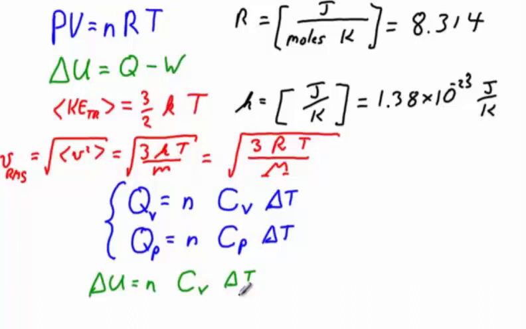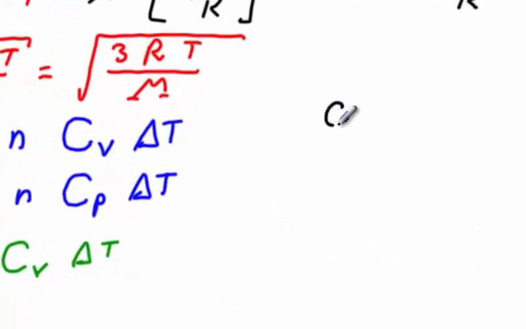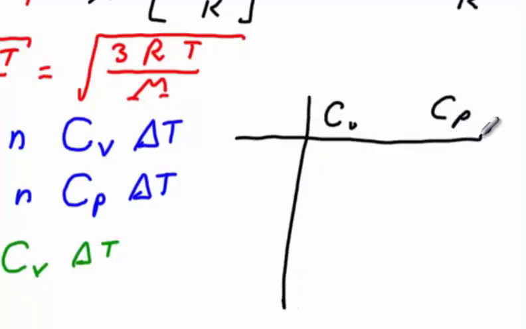One more detail in our cursory summary of the equations that surround the ideal gas law as we deal with gases. And that is that these two constants, C sub V and C sub P, actually depend upon the type of gas that you are using. The reason is that the temperature is related to the translational kinetic energy.